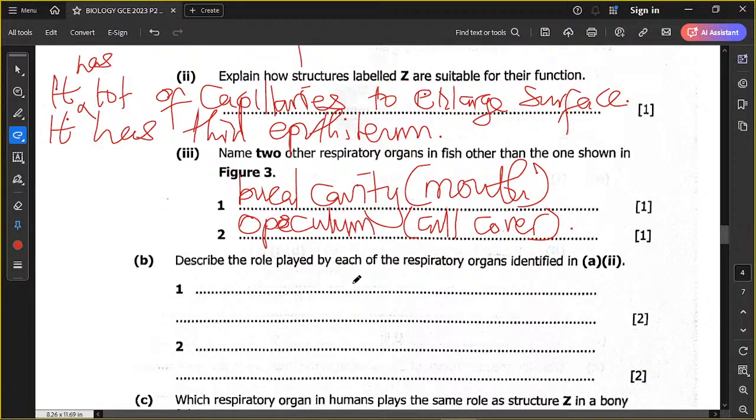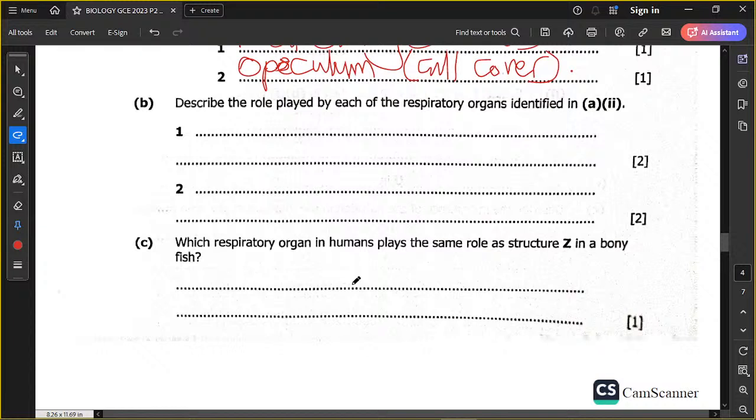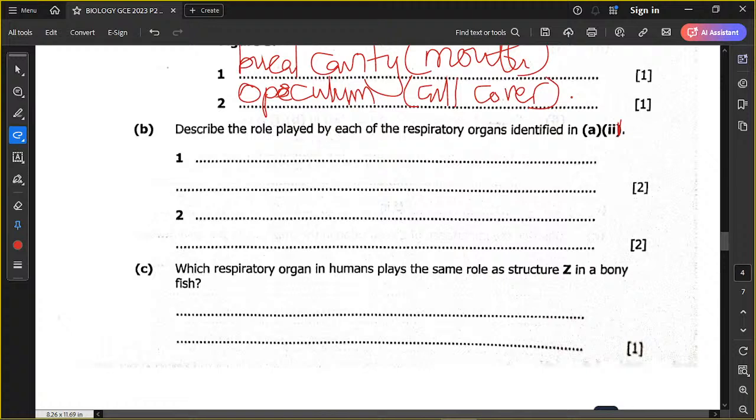Because 2 was where we were giving reasons, explaining how structures labeled Z are suitable for their function. So here we are saying A3. So here it should be 3, not 2. So describe the role played by each of the respiratory organs identified in A3. What is the function of the mouth?